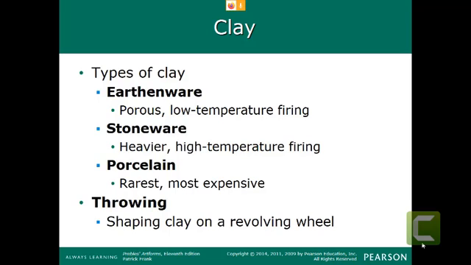So to create things like plates and bowls, artists have to use what is called throwing. Throwing is when they are shaping clay on a revolving wheel. So throwing is a contraption that allows for material to be spun around.